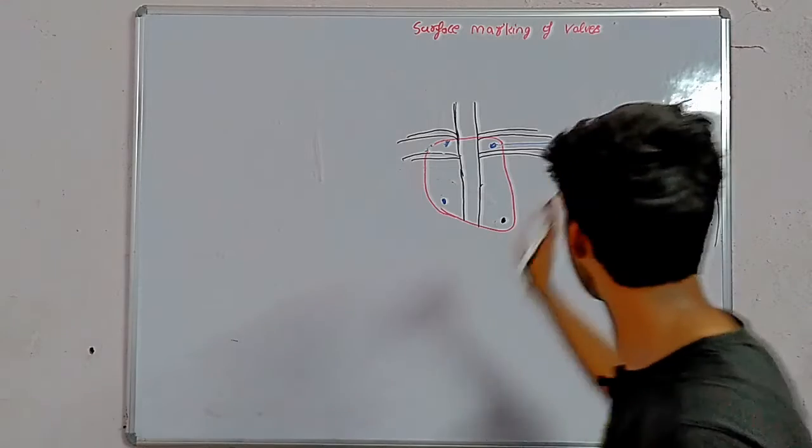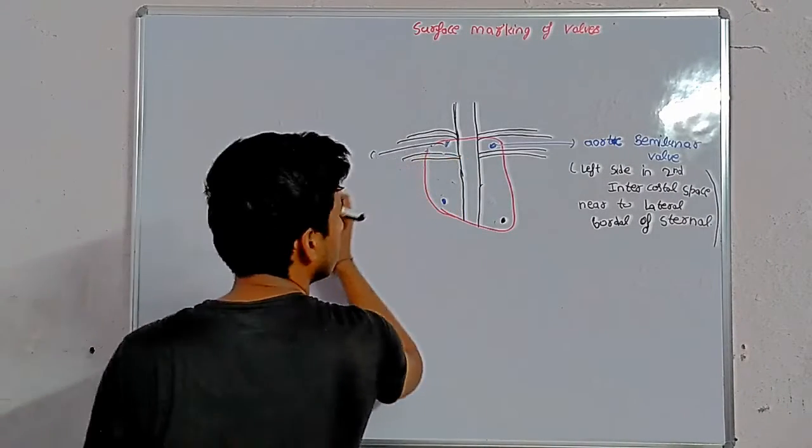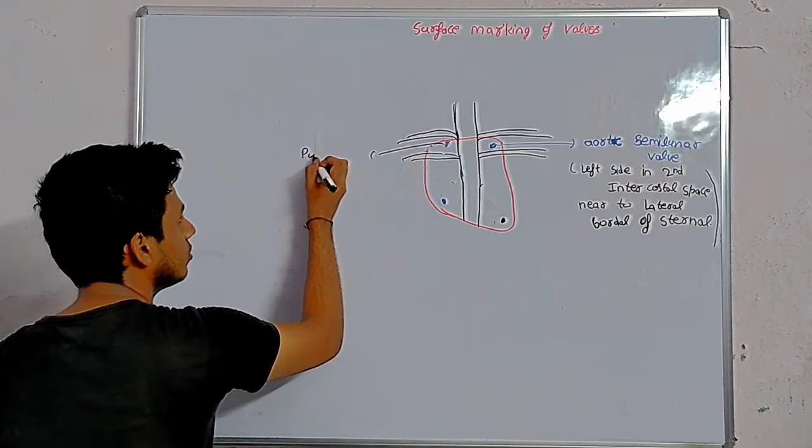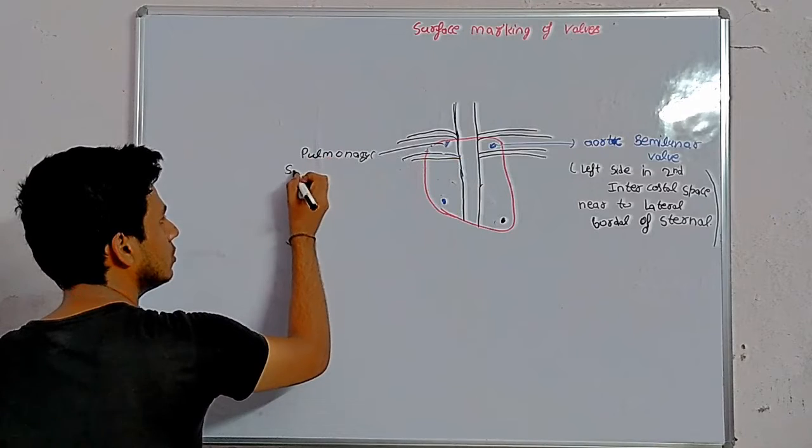The other is present on the right side. This is the pulmonary semilunar valve.